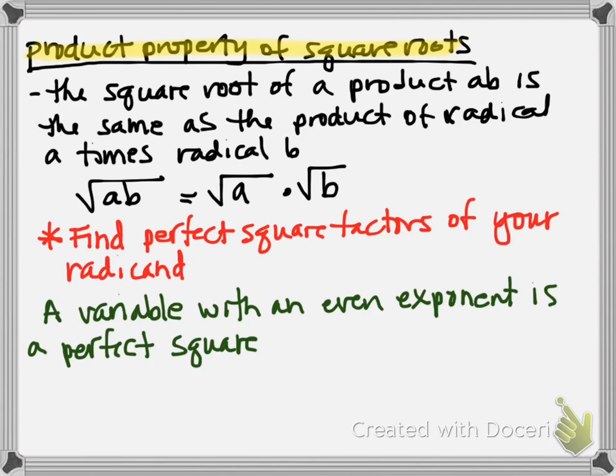If I took the square root of x to the 4th, what did I get? I got x squared. If I had x to the 6th power, what's the square root of x to the 6th? X cubed. So I went from 4 to 2. I went from 6 to 3. So what am I doing to my exponent when I take its square root? I'm dividing by 2. So a variable with an even exponent is a perfect square.